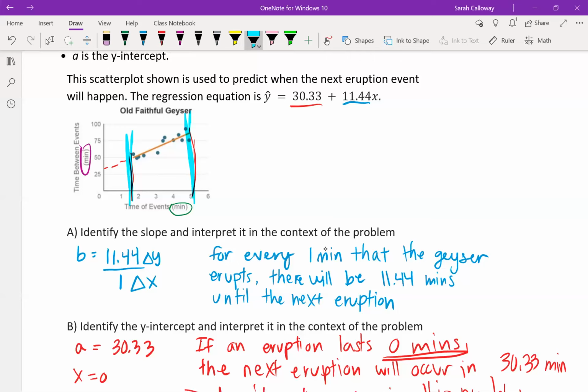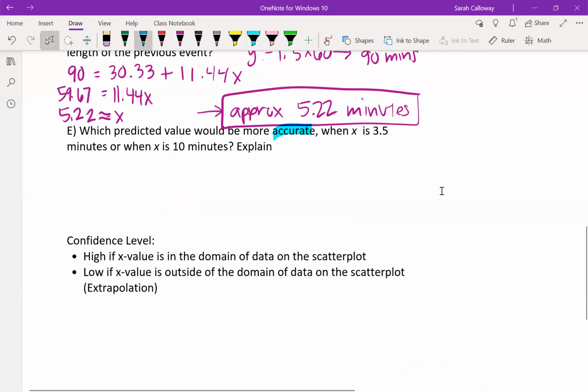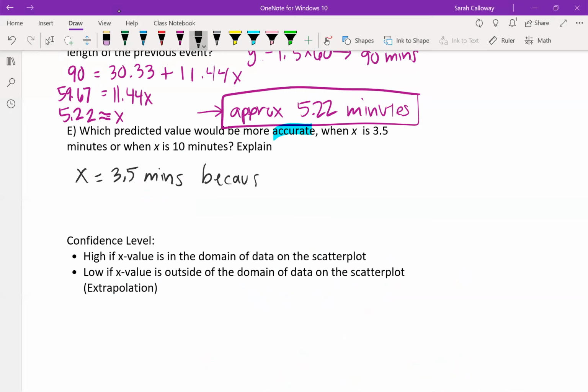And that's that word extrapolation, right? So we're going to say that x equals 3.5 minutes, because the value lies within the domain of our scatter plot.